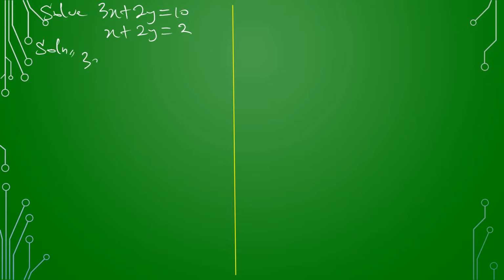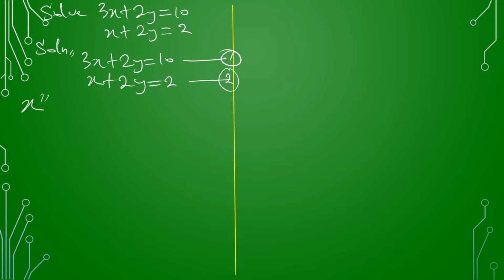We have 3x plus 2y equal to 10. Let's call this equation 1. We also have x plus 2y equal to 2. Let's call this equation 2. Now, one of the secrets is to make any of the variables, either x or y, the subject of the formula.